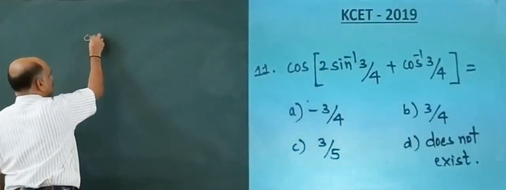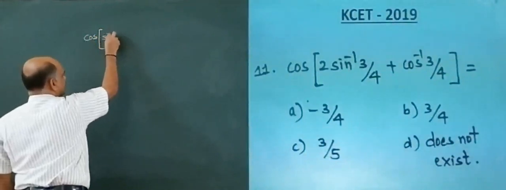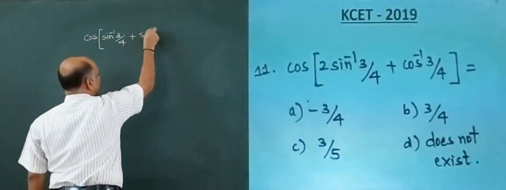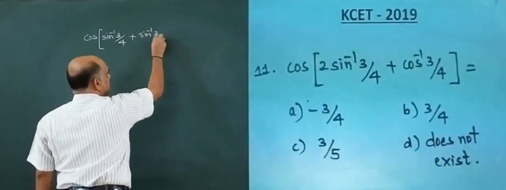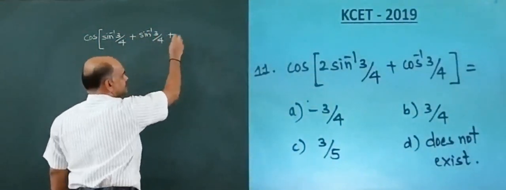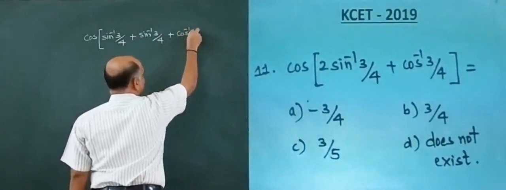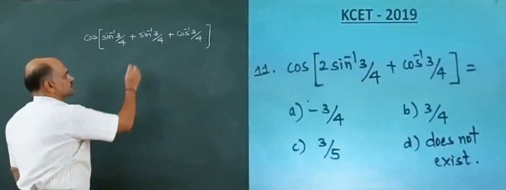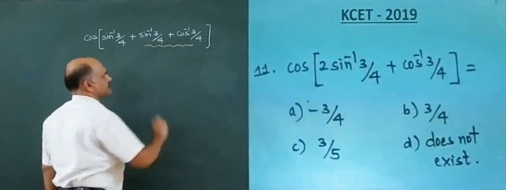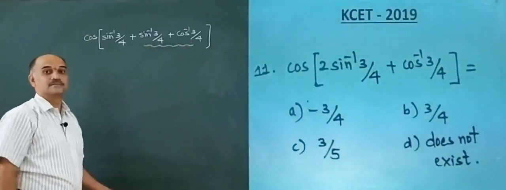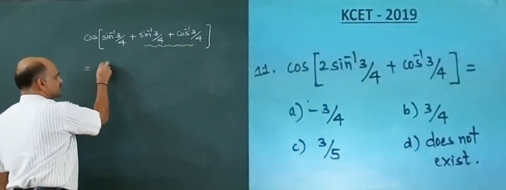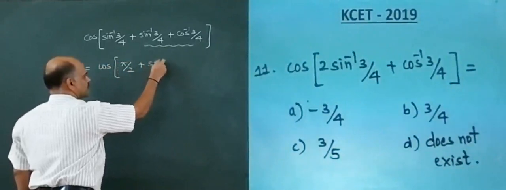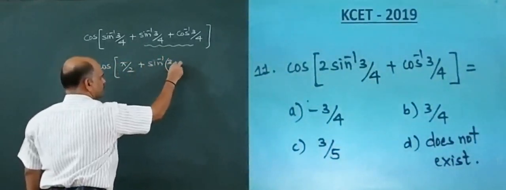So this is cos of sin inverse 3 by 4 plus sin inverse 3 by 4 plus cos inverse 3 by 4. So this sin inverse 3 by 4 plus cos inverse 3 by 4 is pi by 2. So this is cos, first I will write pi by 2 plus sin inverse 3 by 4.